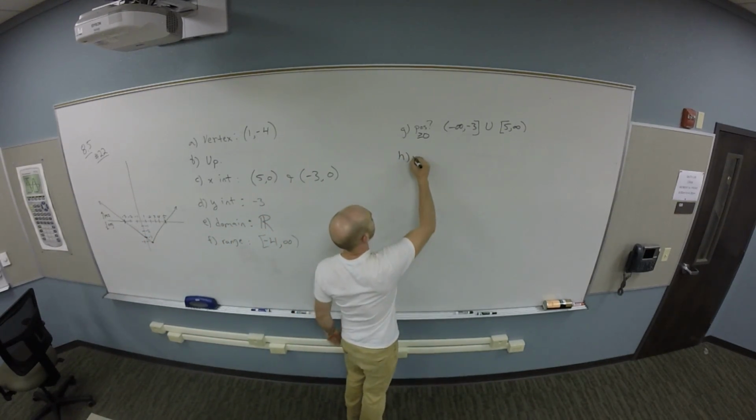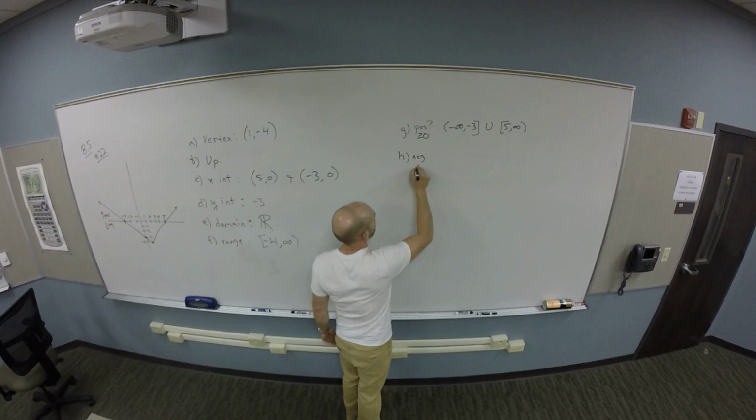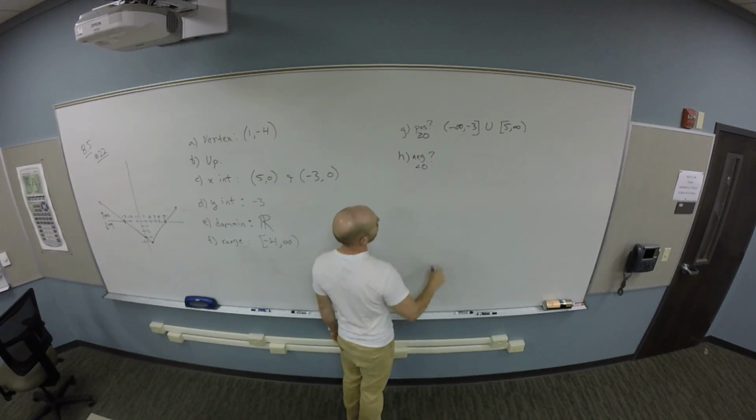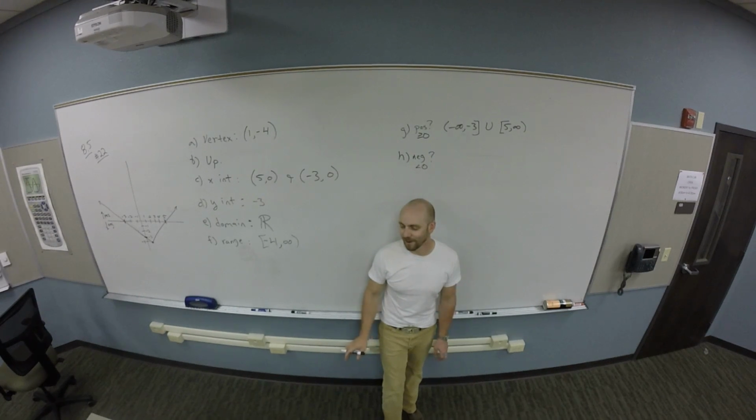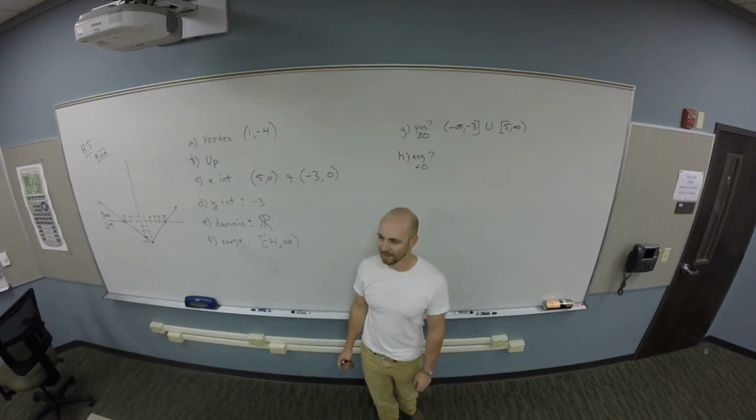Okay, h is negative. So let's phrase that as strictly smaller than 0. This stuff below the x-axis, it's the option we just did.